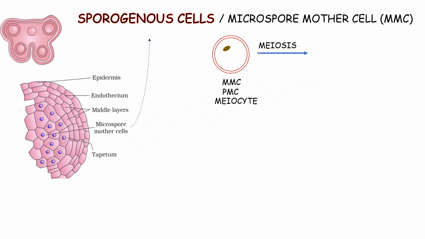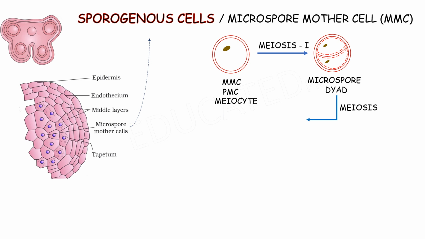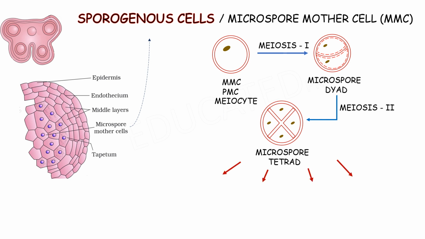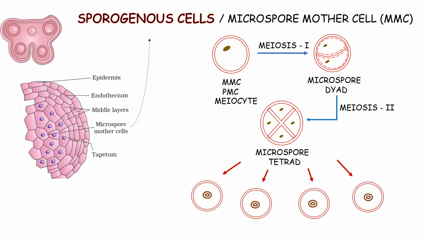So in meiosis I the cell divides to form a microspore dyad, which goes under meiosis II and forms a microspore tetrad. These four microspores separate and form four different pollen grains. Now these pollen grains are mature enough to be released from the anther and do pollination.